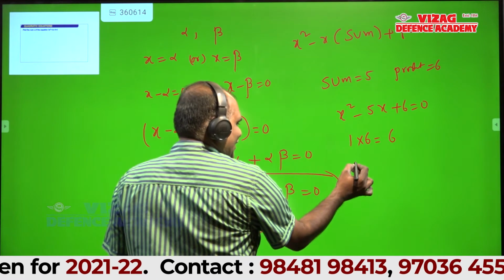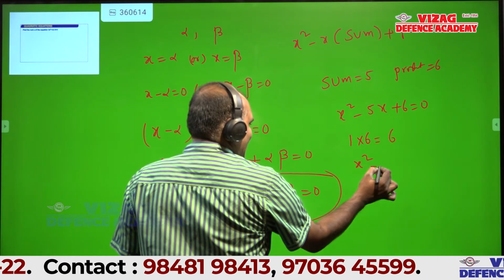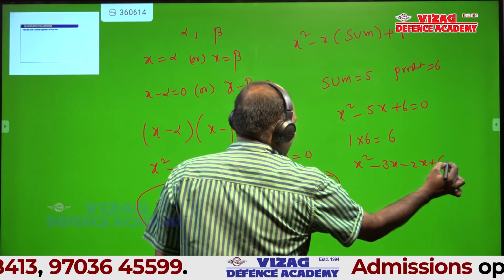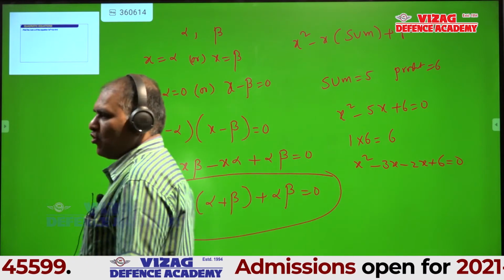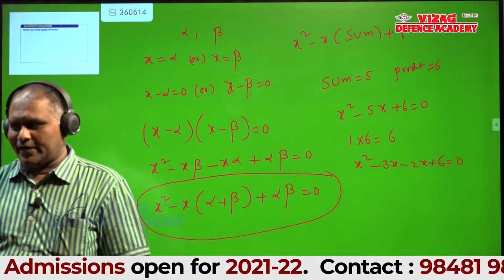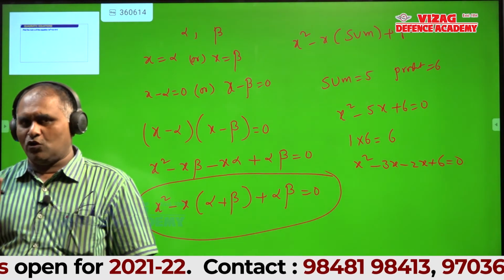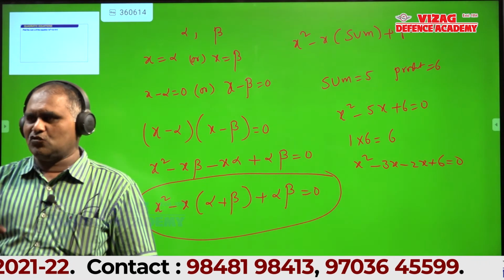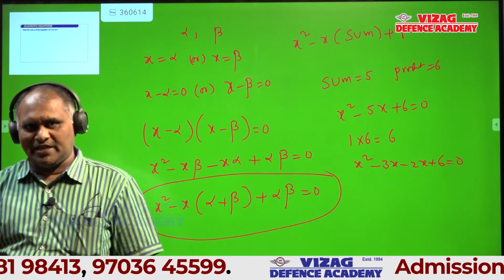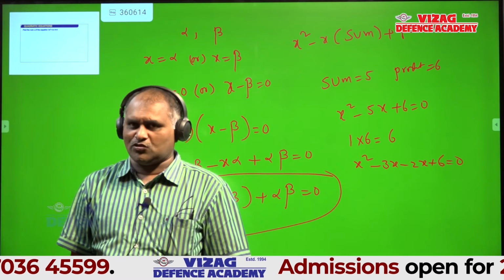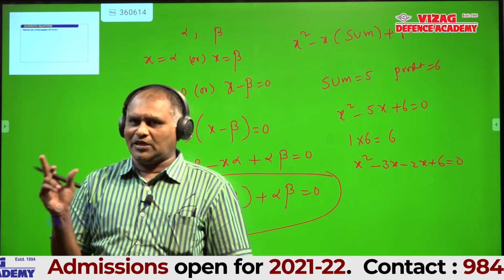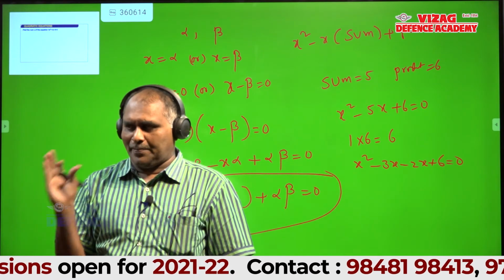Therefore, I write x square minus 3x minus 2x plus 6 is equal to 0. Therefore, the equation can be written, and that is how to find the roots. Take the first and the last, the coefficient of x square and the constant. Multiply both, getting some number.